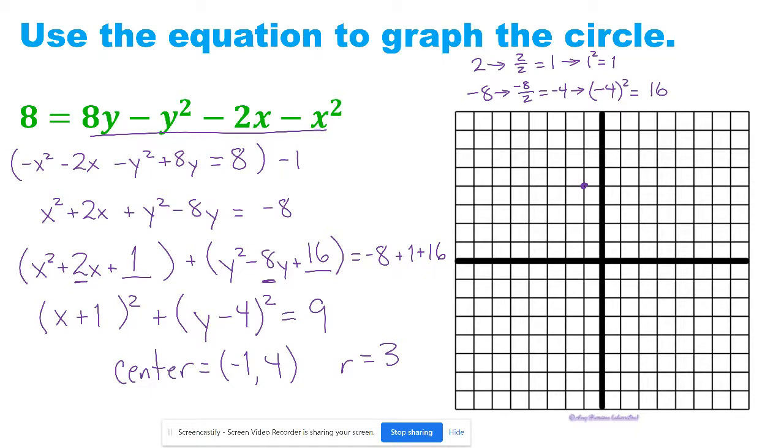I go out 3 in every direction because that's my radius. And that gives me a circle I can draw. And there we go. So that's how you take the equation of the circle, get it in the correct format if necessary, and then use that to graph the circle.